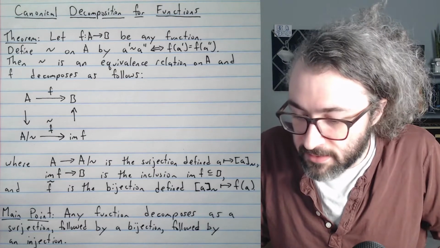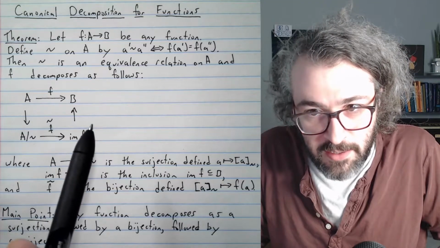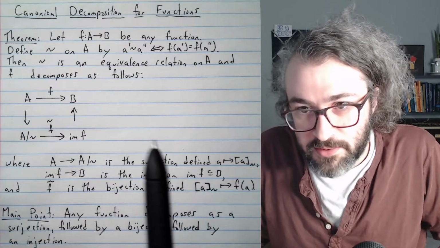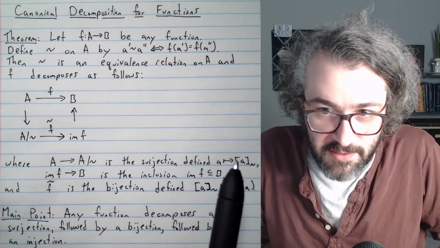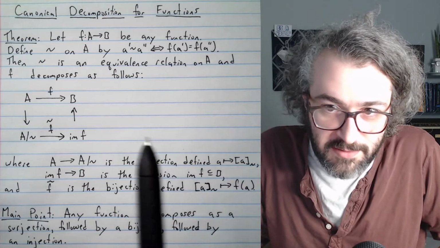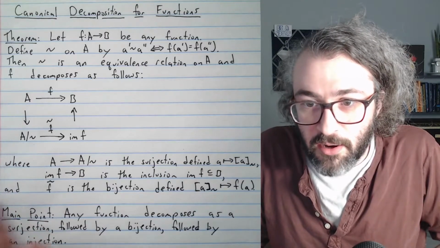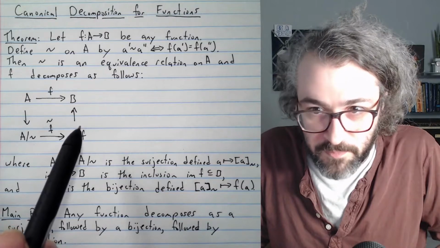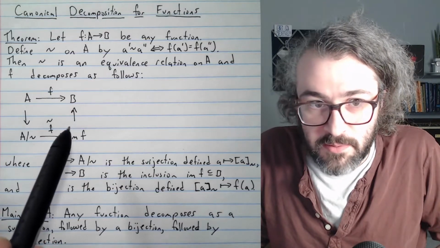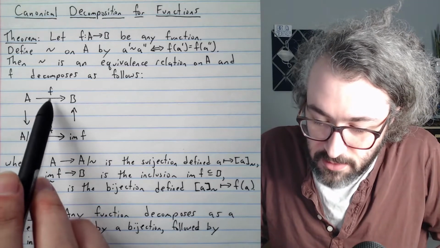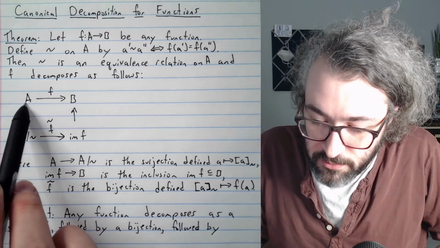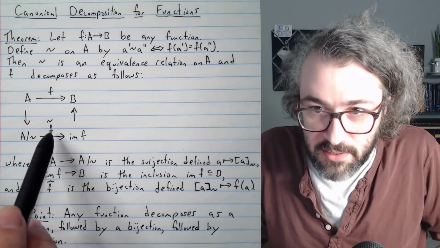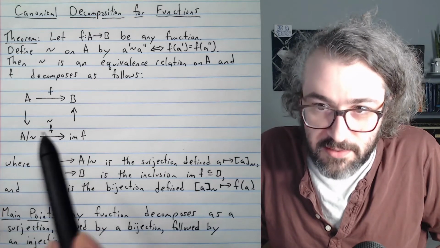But what I want to say is that in abstract algebra, there are all these isomorphism theorems, like the first group isomorphism theorem, and then there's the isomorphism theorems for rings and modules and all that stuff. All of those theorems depend on this theorem. So for example, the first isomorphism theorem for groups says that when A and B are groups and f is a group homomorphism, f tilde is a group isomorphism.